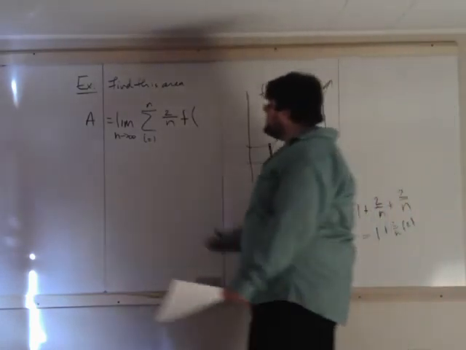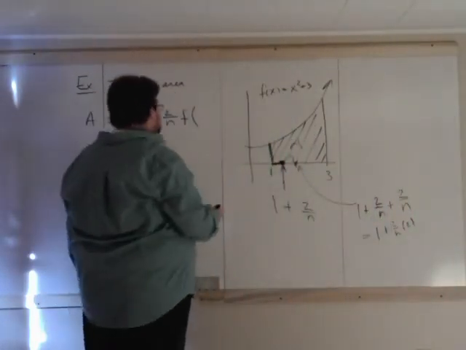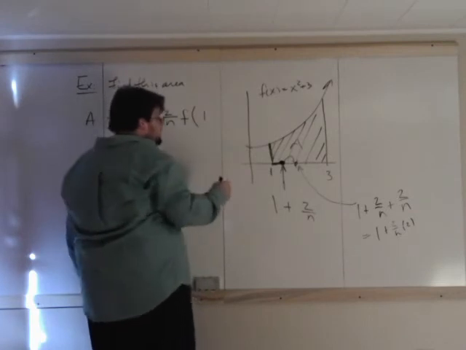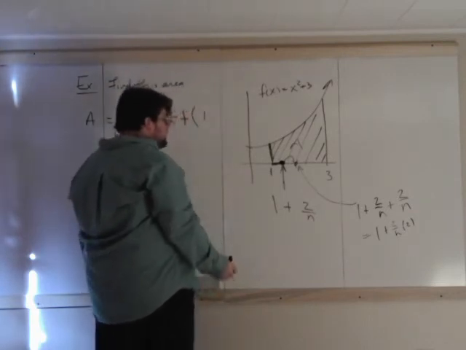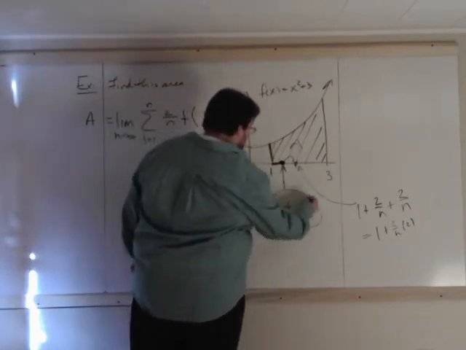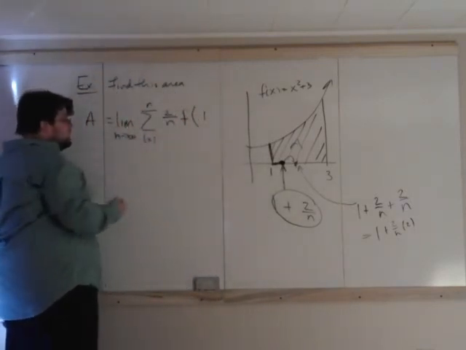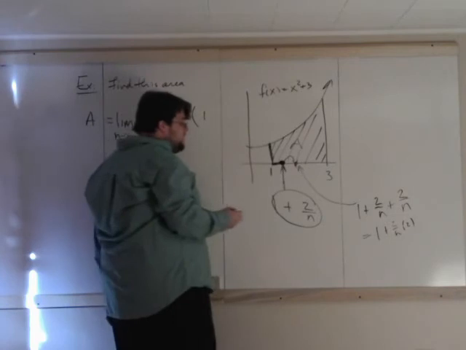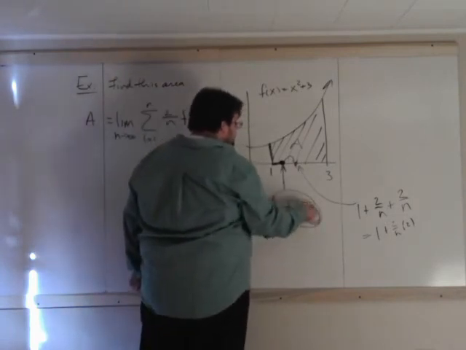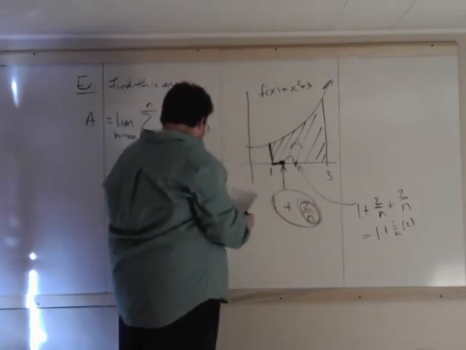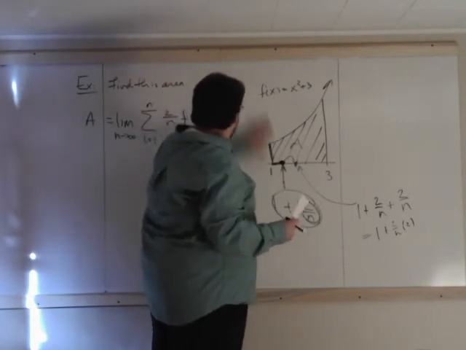And we can use this sum notation to help us if we assume that we're using the right endpoints. So we use this 1 plus 2 over n, and then we let this i value, that's a lowercase i, count out the number of 2 over n's we're going over. And we do that like this.